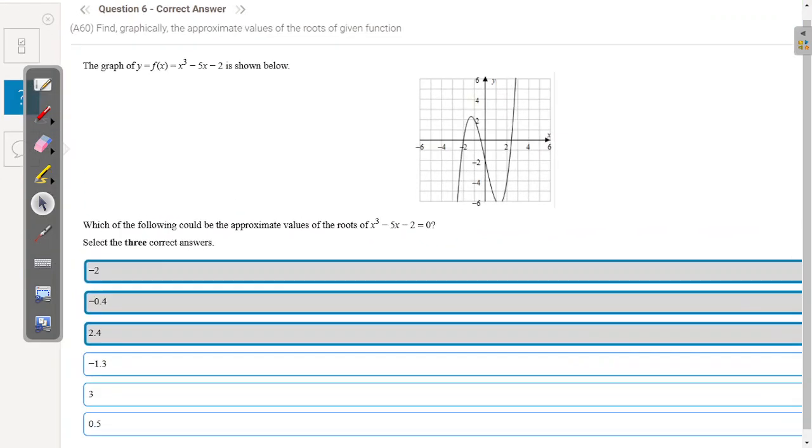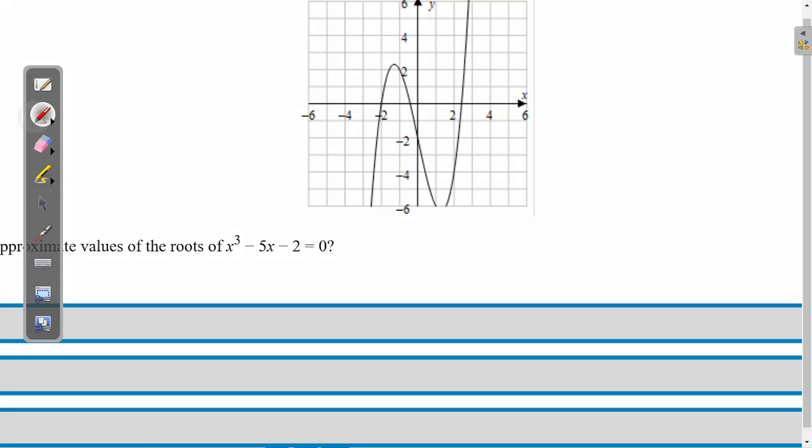Okay, the approximate values of the roots of this graph, when it equals 0, it means when it intercepts the x-axis. So here at this point and this point, that's negative 2, negative 0.5, I think, and 2.3.